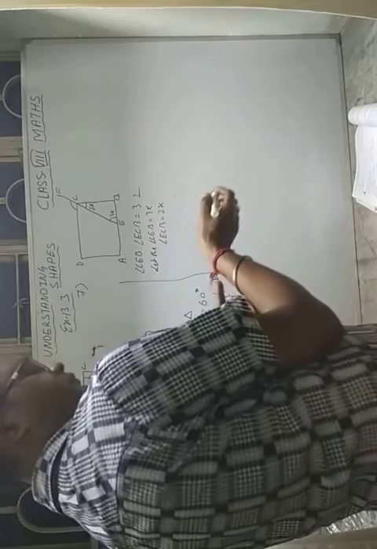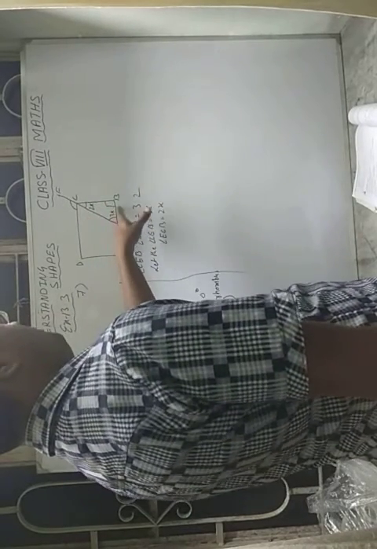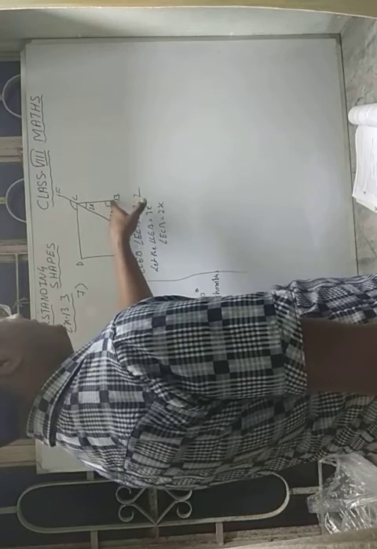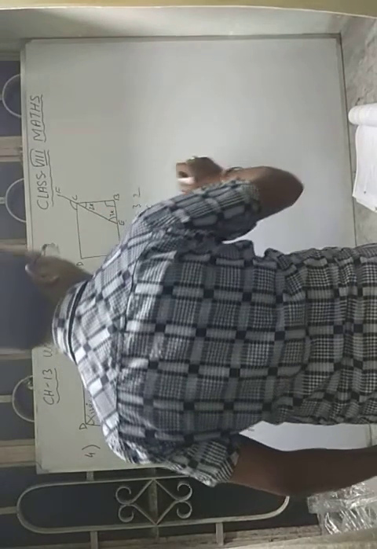You know that all the angles of a rectangle are 90 degrees. That means angle B is 90 degrees. So when you take this small triangle EBC, what you will get? In triangle EBC, angle CEB plus angle EBC plus angle ECB, that is equal to 180 degrees by angle sum property.